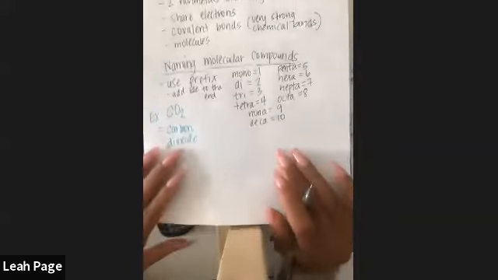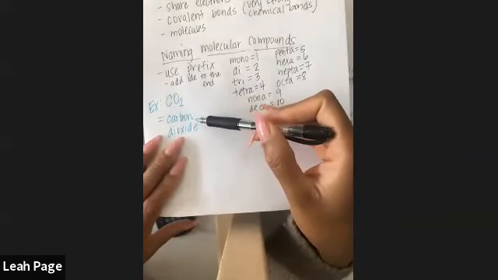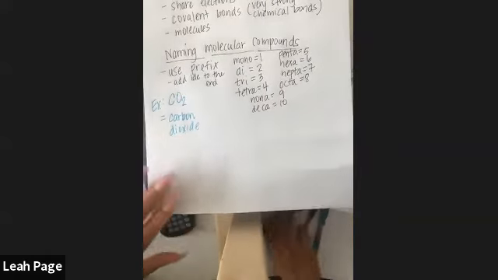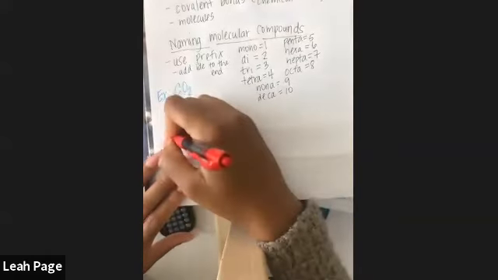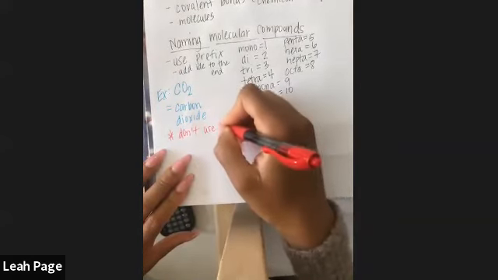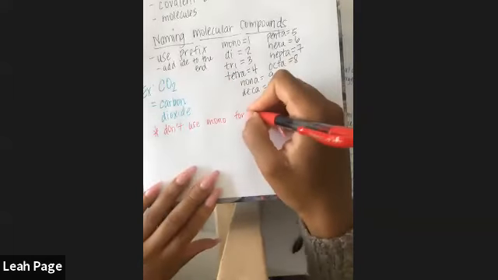All right, so carbon dioxide says that I have one carbon, but anytime the first element, there's only one of them, you do not use mono. So I'm just gonna put a star here that says, don't use mono for the first element.